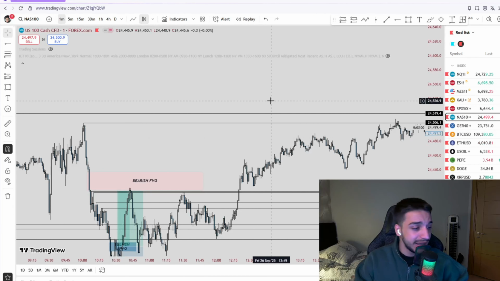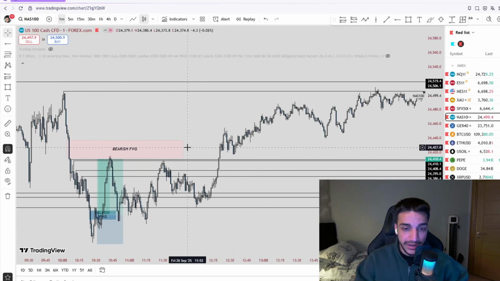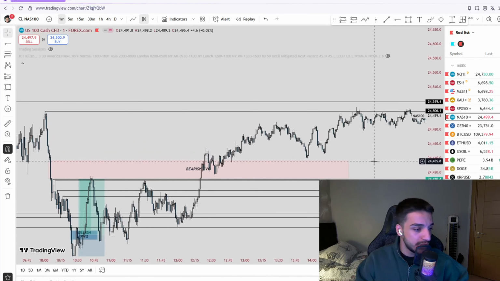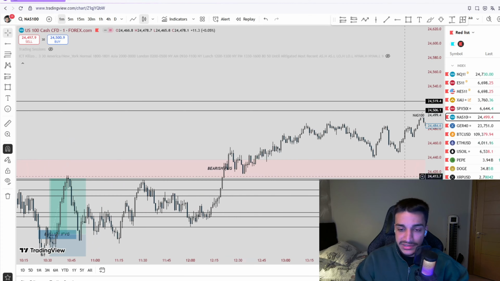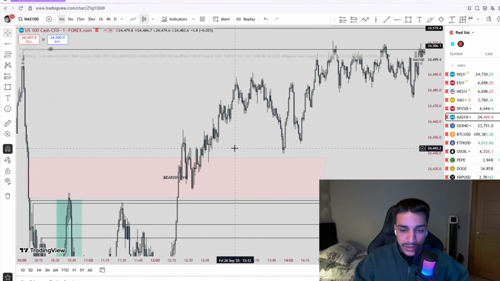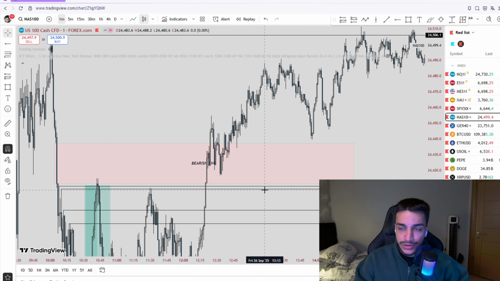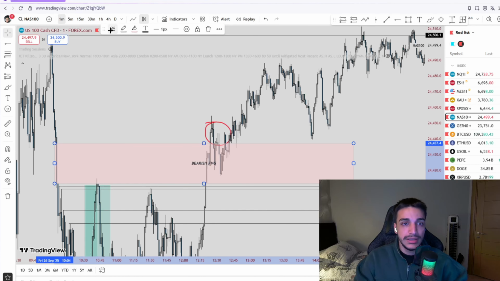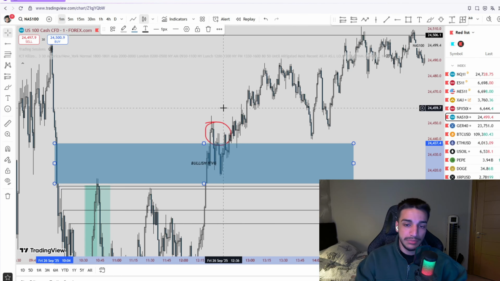So where did I take my second trade? All right. Let's make that bearish fair value gap big. So with this candlestick right there, we had a bearish fair value gap, but with this candle right there, this bearish fair value gap turned into a bullish inversion fair value gap.